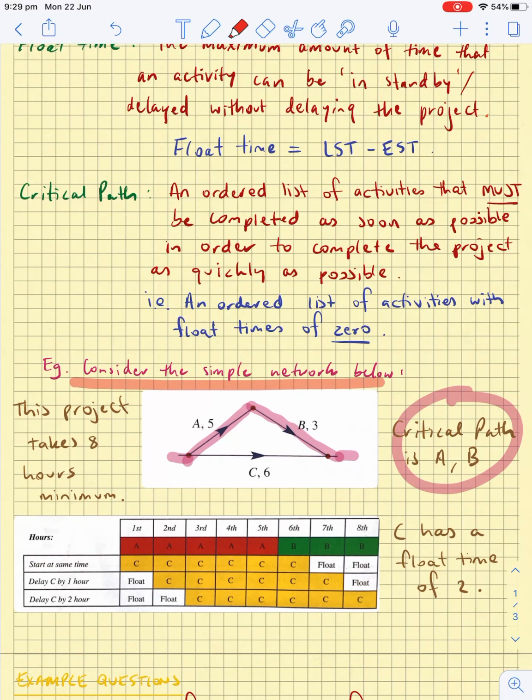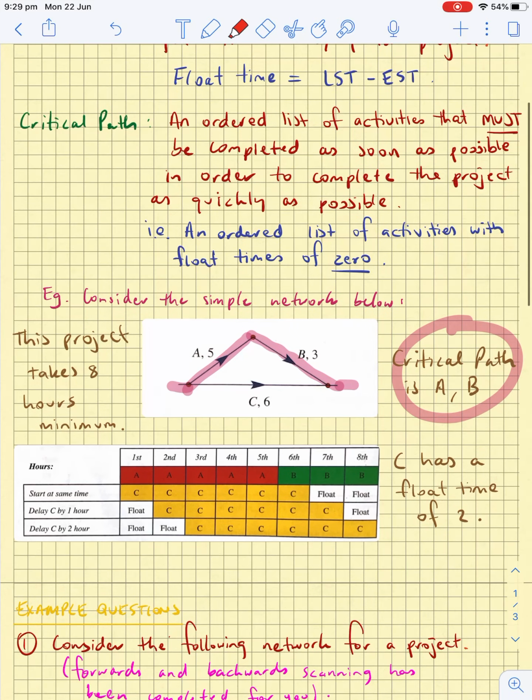For example, consider the simple network below. We can see we've just got a snippet of a network. Activity A takes 5 hours, B takes 3 hours, and C takes 6 hours. To do activity B, you need to have completed A because A comes before B. But you can start C without completing A. C can be done at the same time as A. So the critical path here is the path along the top.